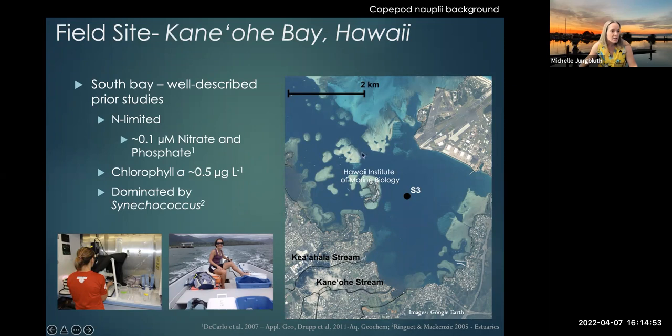In this region and in surrounding waters, it tends to be nitrogen limited with relatively low nitrate and phosphate. The chlorophyll A tends to remain low except during environmental perturbations like storm events. And it tends to be dominated by the small cells of the cyanobacteria Synechococcus.